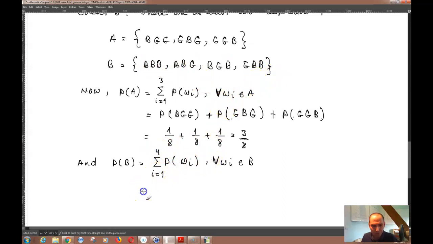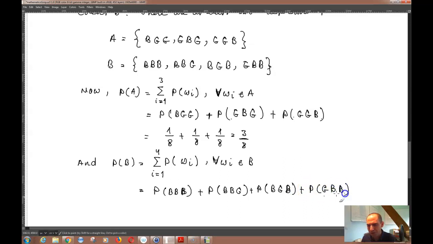And so that is equal to P of BBB plus P of, for example, BBG plus P of BGB plus P of GBB, which is equal to 1/8 plus 1/8 plus 1/8 plus 1/8, which is equal to 4/8, which is equal to 1/2, right?